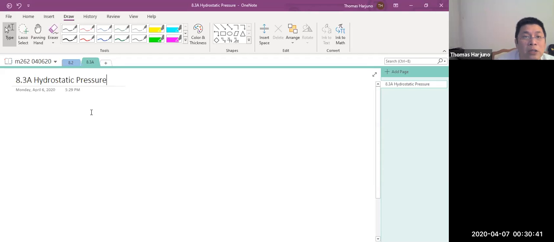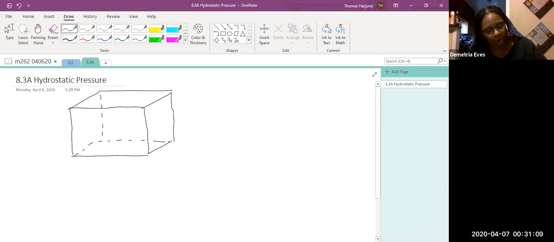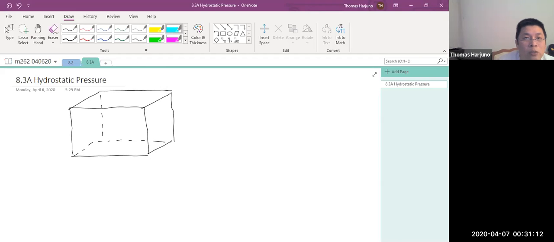Suppose I have a pool, or a box, let's say for now, a box, which I fill up with water. Water is blue color. Let's say this is the water.